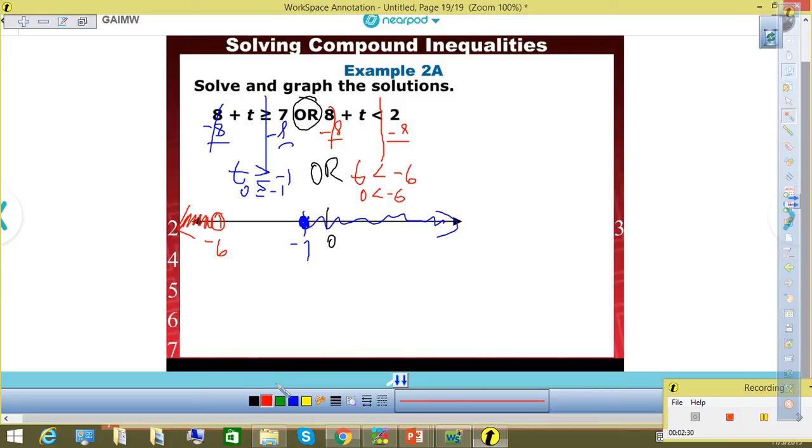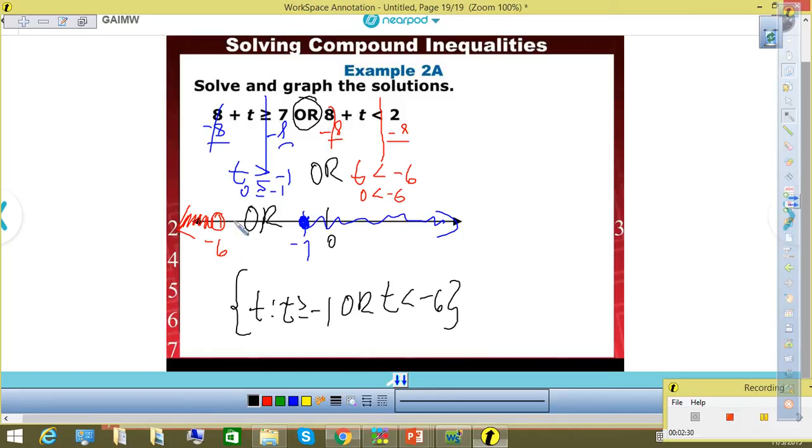They do not overlap. Therefore, the solution set for t is t greater than or equal to negative 1, which means all of this, or t less than negative 6, which means all of this. So what does that mean about this space?